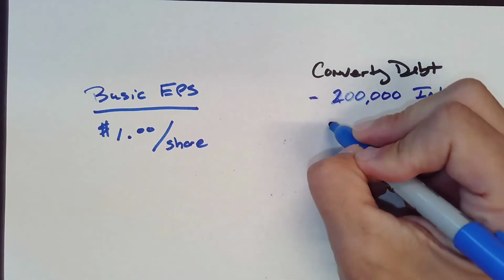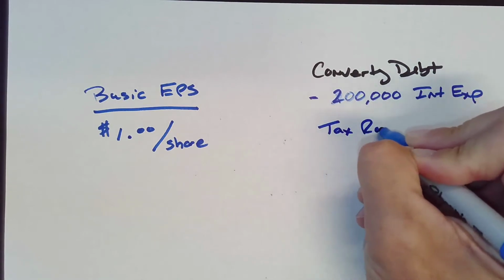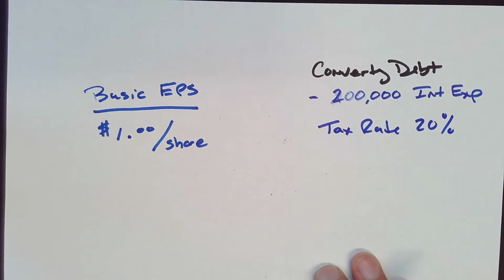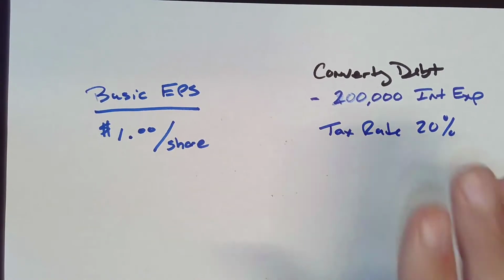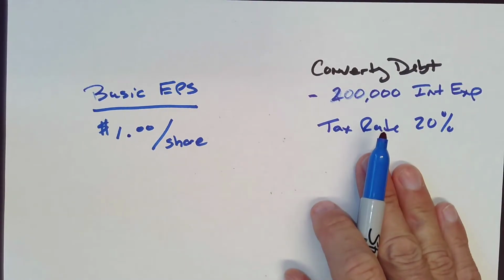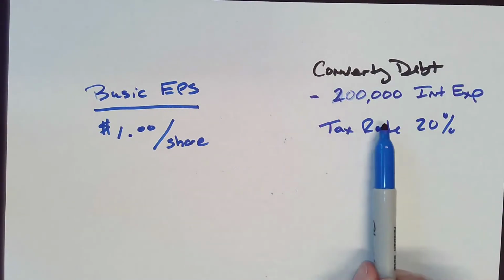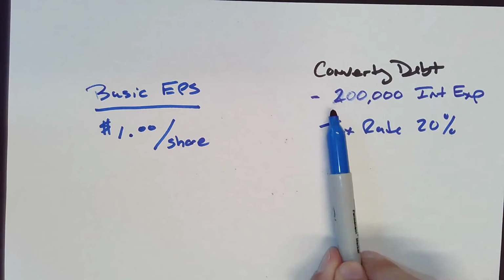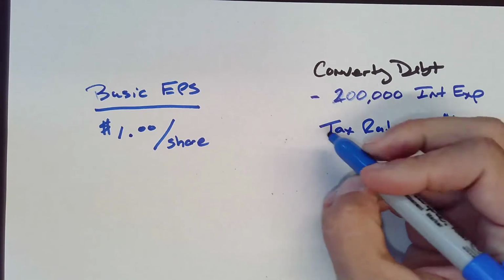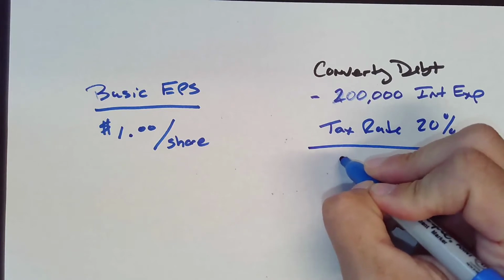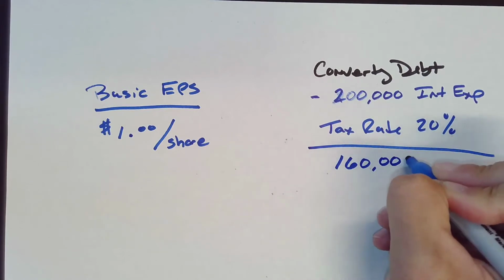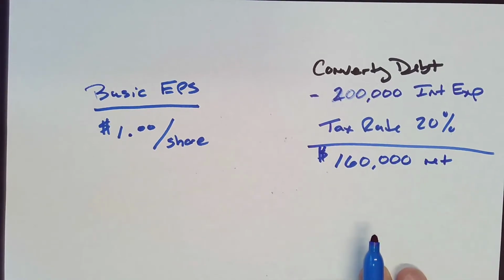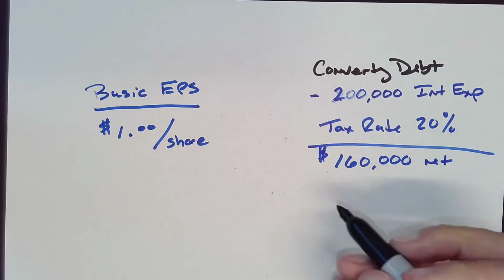So the tax rate, I'm just being somewhat lazy, is 20%. The statutory rate is 21%, so we'll just say 20%, right? So the net effect on this interest expense is going to be this 20% lower. So the net of tax, we're looking at $160,000 net. So I'm doing my little calculation.